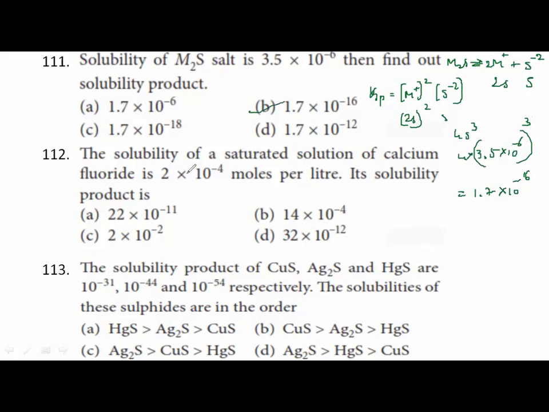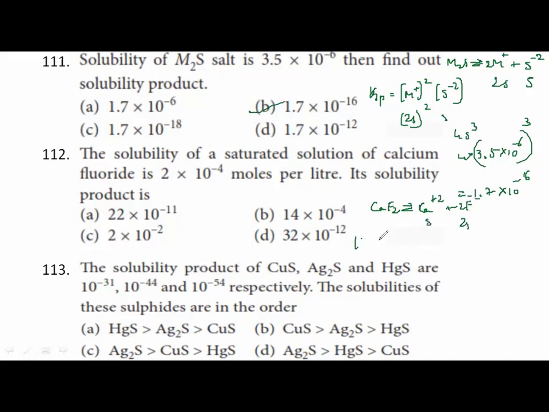Is that right? Okay. The solubility of a saturated solution of calcium fluoride is 2 into 10 raised to minus 4 per liter. Its solubility product is. Again, same question. Calcium fluoride, how does it dissociate? Ca plus 2 plus 2F minus. If this is S, this is 2S. Correct?